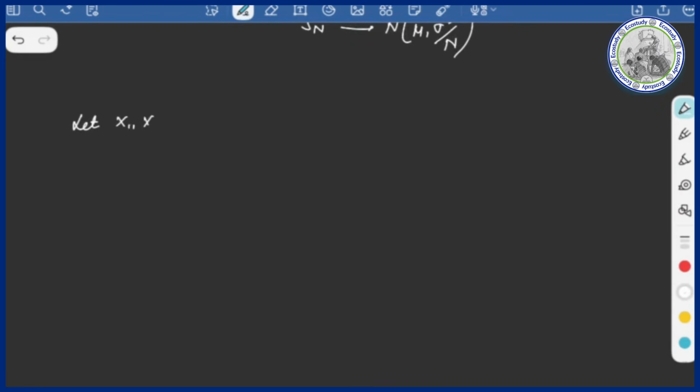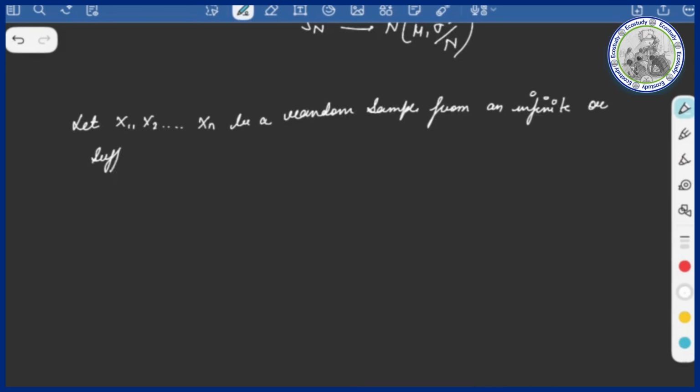Let x1, x2, ... xn be a random sample from an infinite or sufficiently large population with any distribution.